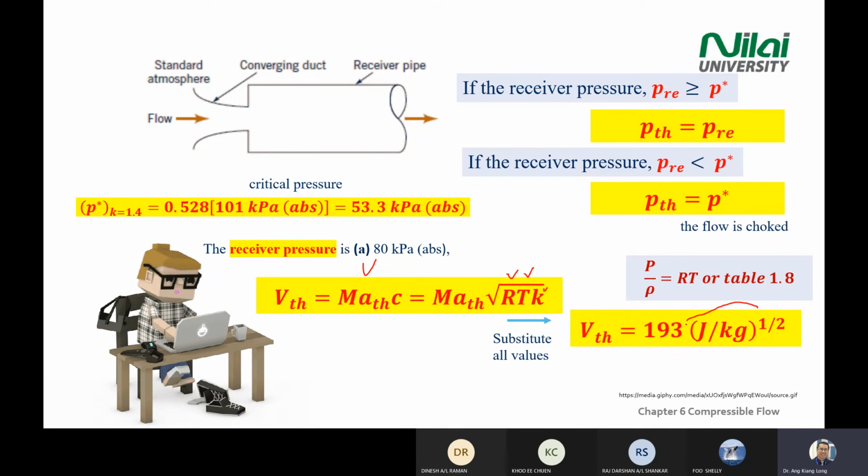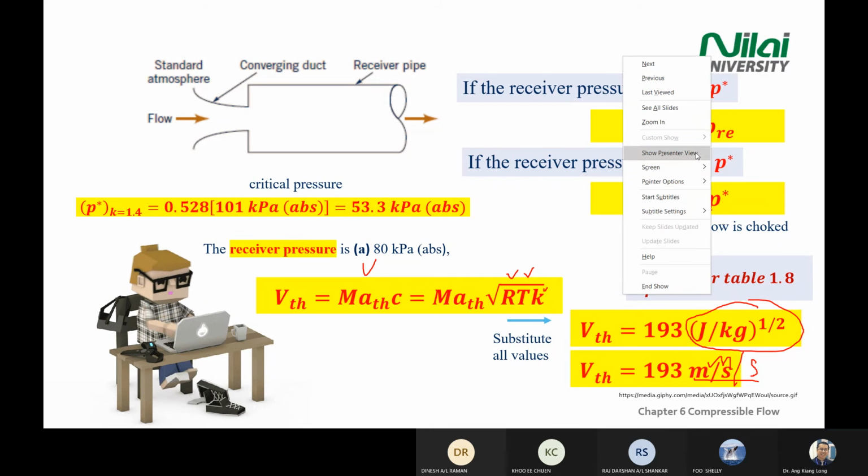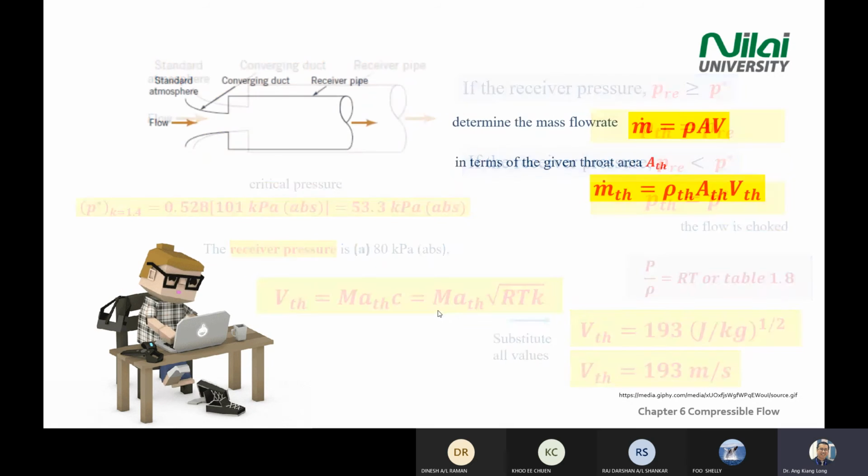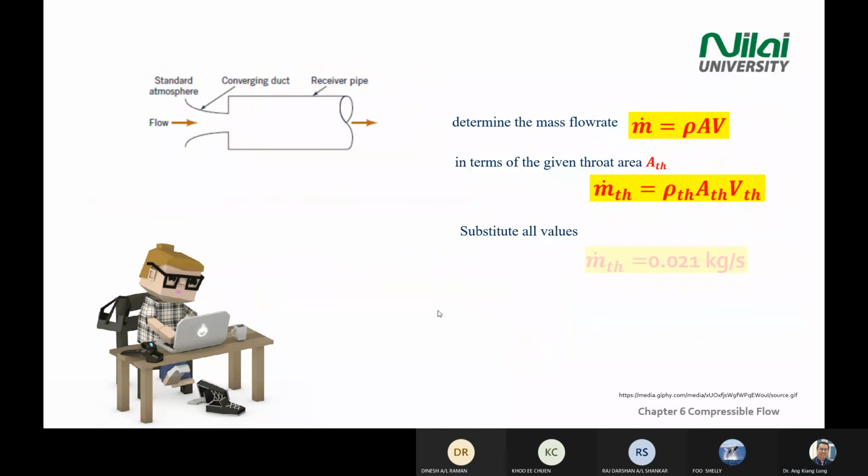I already proved to you why this square root of Joule per kilogram equal to meter per second. I already proved in the previous class. If you miss it, go back to the previous lecture and listen to it. There's one particular slide that I do conversion about this one. Okay, so velocity at throat is 193.